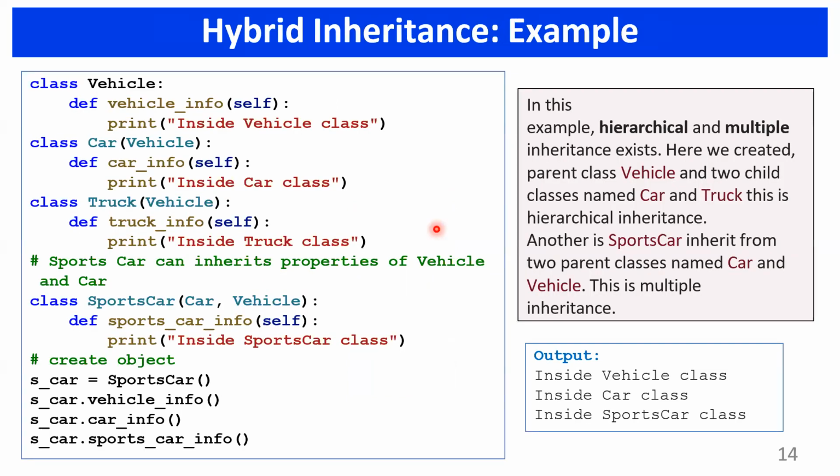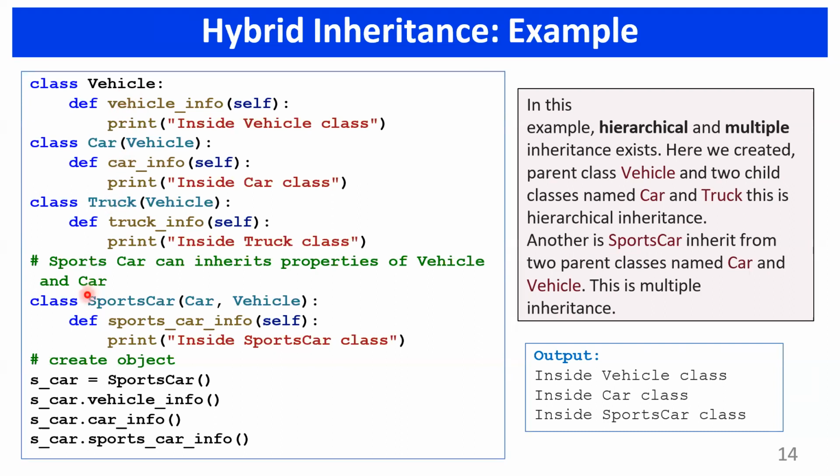So let us see an example of hybrid inheritance, where we are defining a class vehicle and a child class car which is inherited from vehicle, and another class truck which is also inherited from the same base class vehicle. So with these three classes, you can observe the hierarchical inheritance, where there is only one base class and there are two child classes.